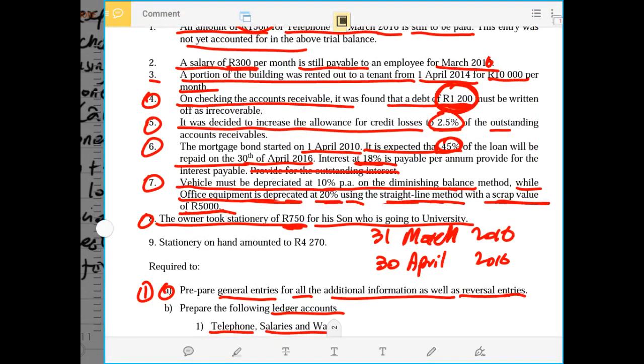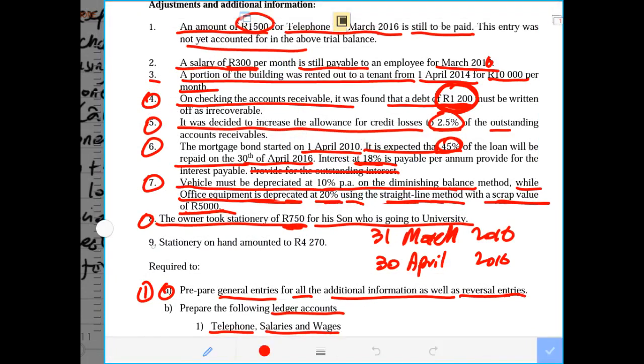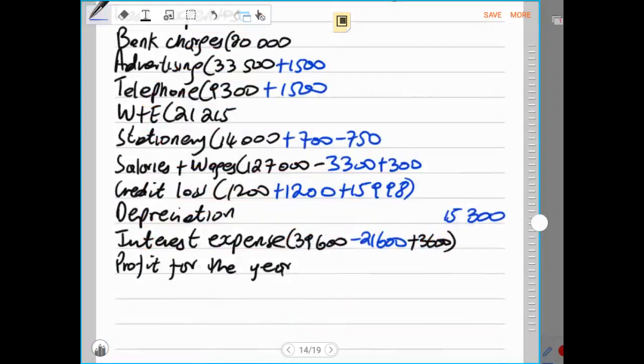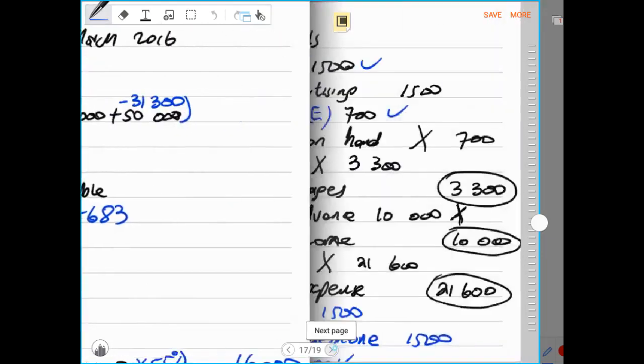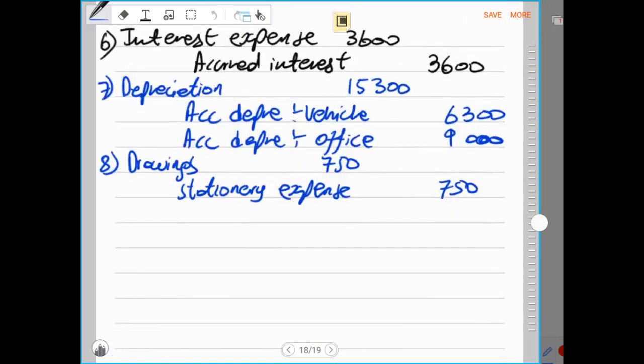Then now we go to the last one, which is number 9, stationery on hand, 4,270. So now we record the stationery on hand at the end of this period. So now we debit our stationery because that is an asset at the end of the year. Any asset at the end of the year in terms of stationery must be recorded on the debit side.